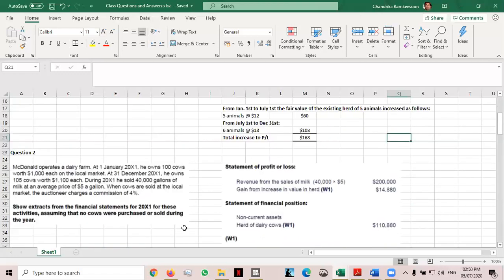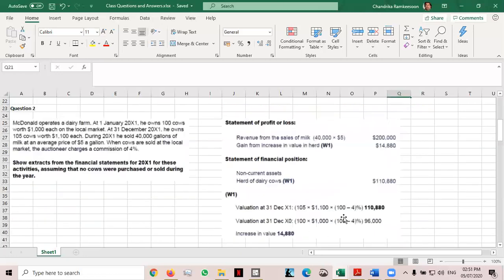And notice how the valuation is done. In this case, with the information given, we compare the opening value with the value at the end, because it comes as though the additional 5 cows which were born are part of the existing cows which were there on 1st January.